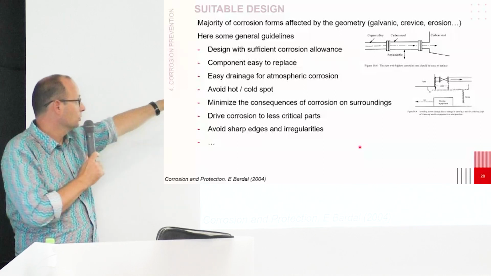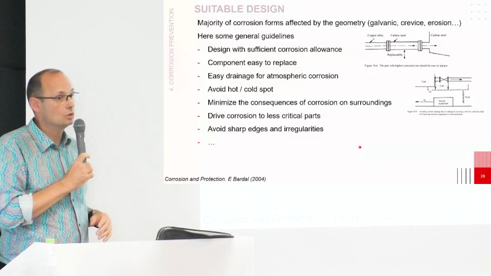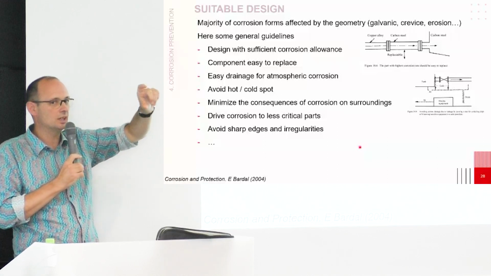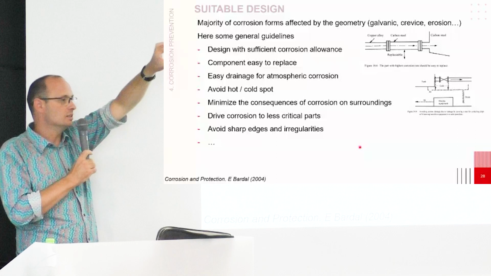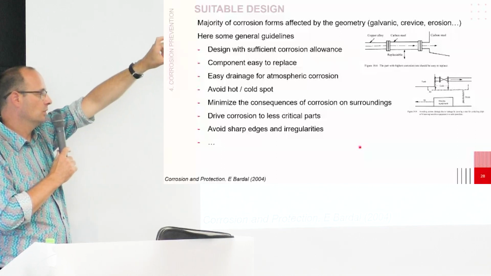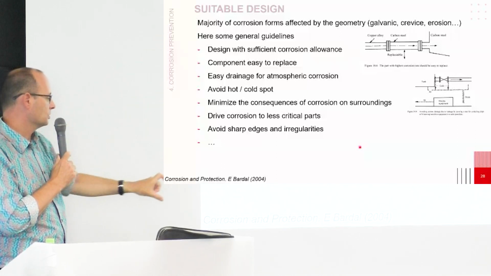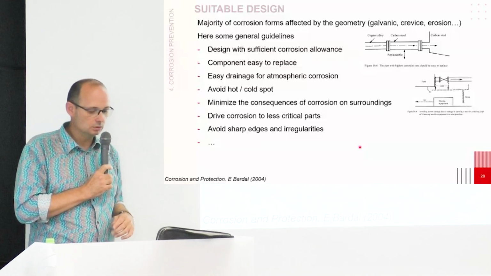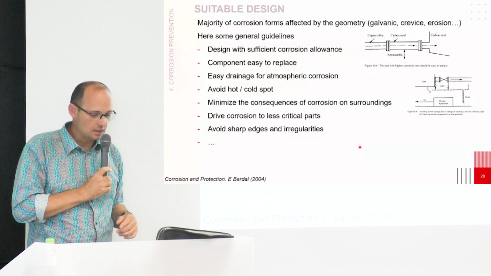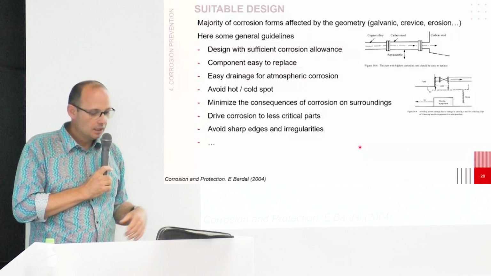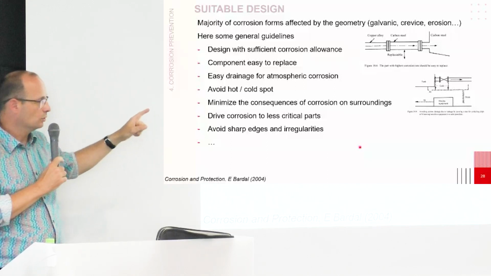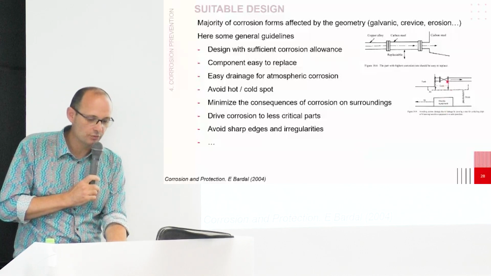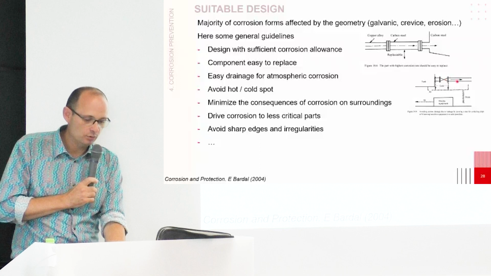This is also the question of hot and cold spots. Remember that I showed you that we can have a thermogalvanic corrosion. And this is my pipe with hot steam that was going under the soil for a piping system, for example. Can I minimize the consequences of corrosion on surroundings? Here in this small graph, I have a pipe.